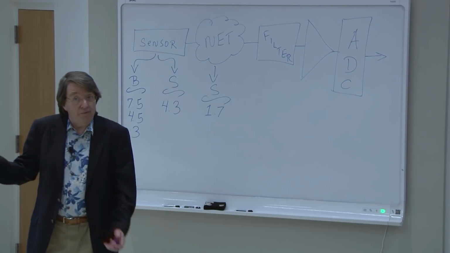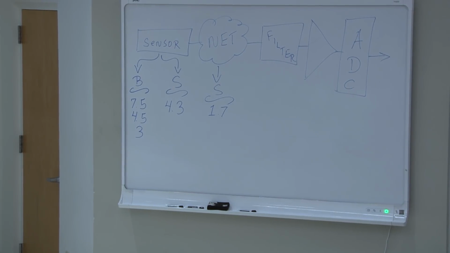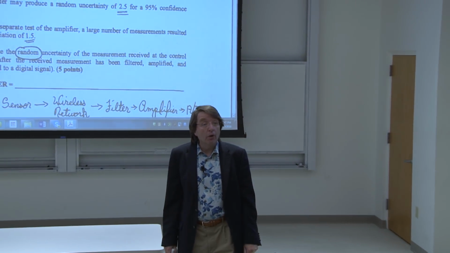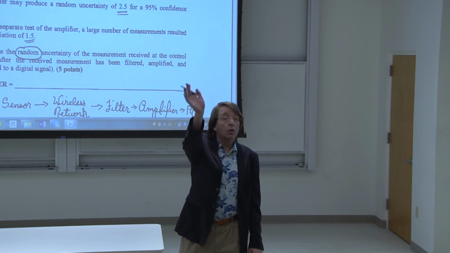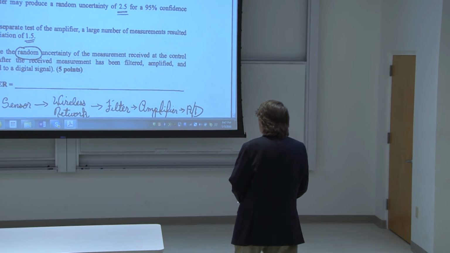Now, if in reading the problem we see no mention of a bias or systematic error, don't worry. That means it's assumed to be 0, or assumed to be so low we're not going to worry about it. So that takes care of the network.